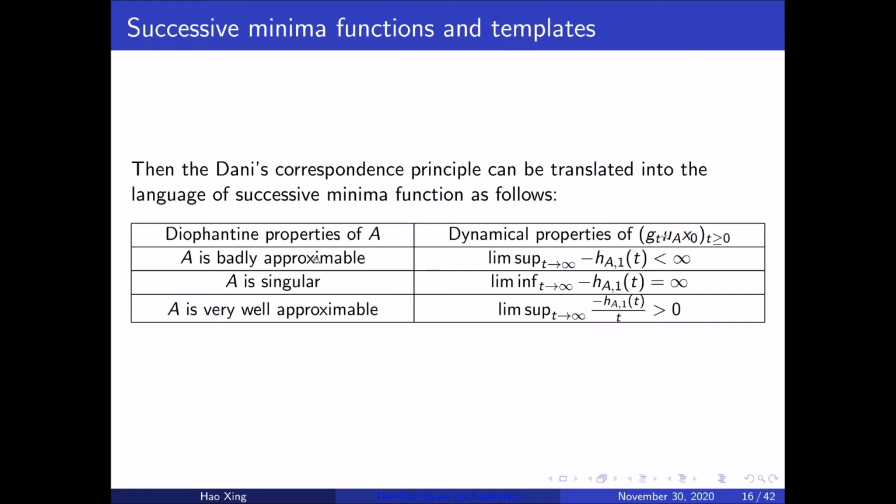A being badly approximable corresponds to the limsup of the negation of the first component of the successive minima function being bounded as t goes to infinity. And A being singular means the liminf of this is infinity. And A being very well approximable corresponds to the limsup of the negation of the first component of the successive minima function being able to blow up at least linearly.